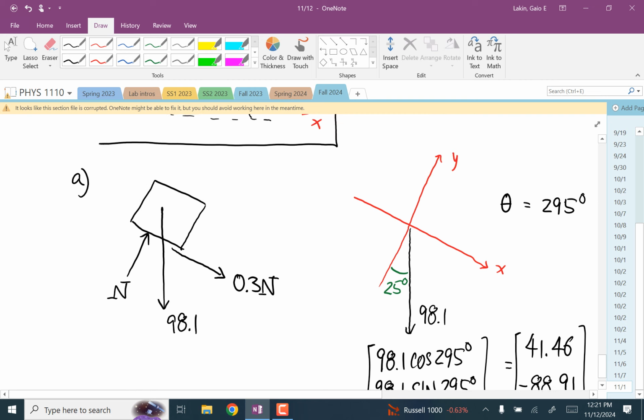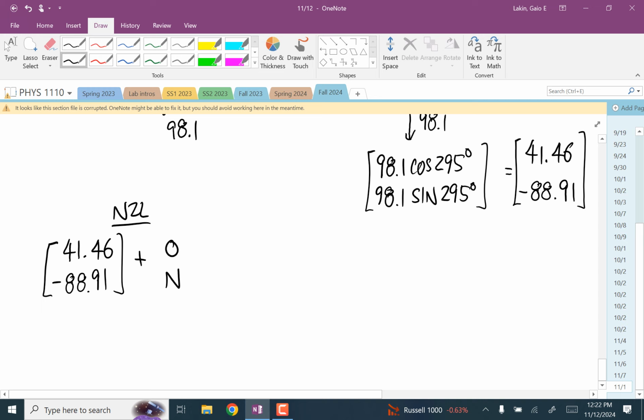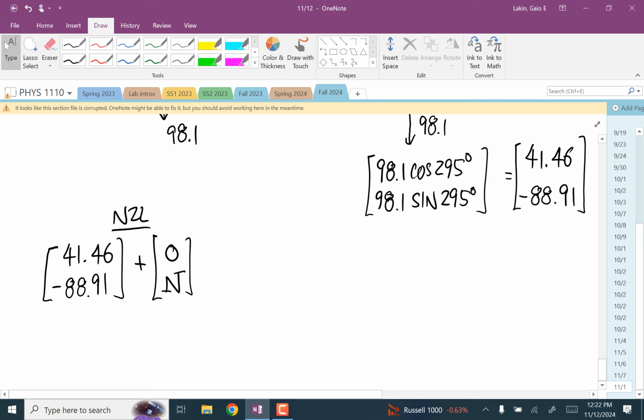So this is 41.46, negative 88.91, plus 0, N, plus that friction force is in the positive x direction, so plus 0.3N, 0.